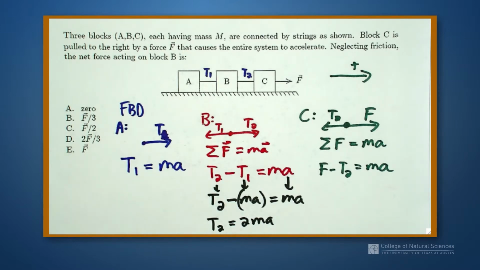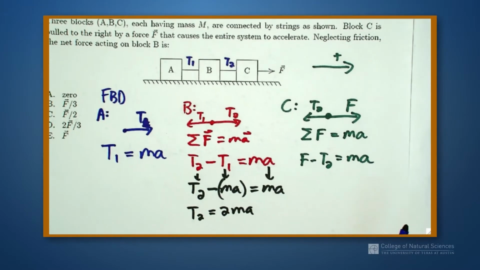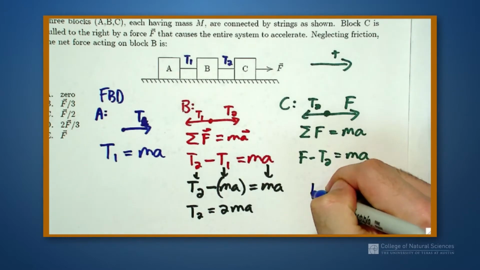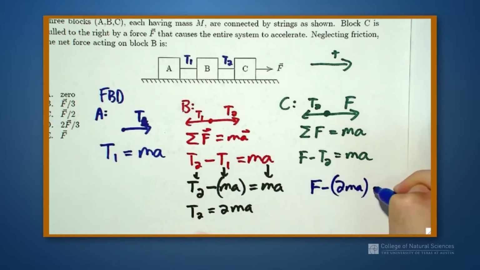Now I'm going to move over to this last equation and see where this takes me. I get F minus 2MA is equal to MA. My force minus 2MA, that's T2, is going to give me MA.